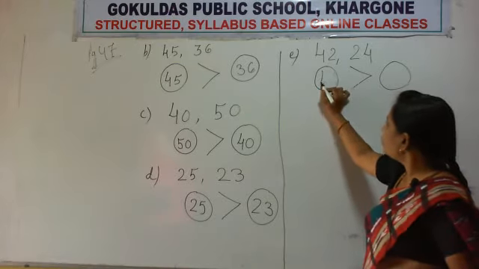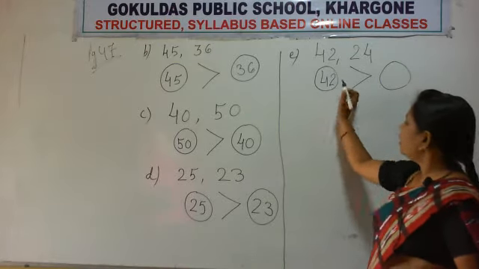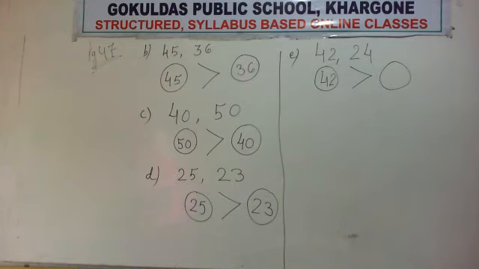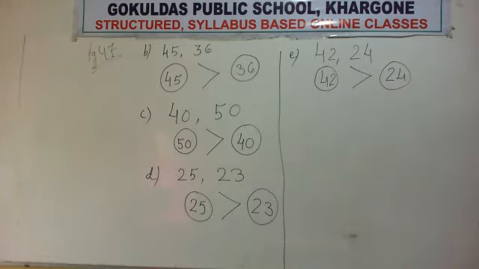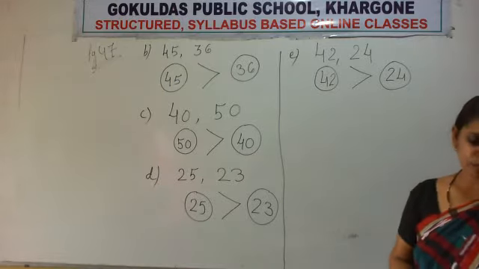So we will write 42 in the left circle and 24 in the right. And how do we read this? 42 is greater than 24.